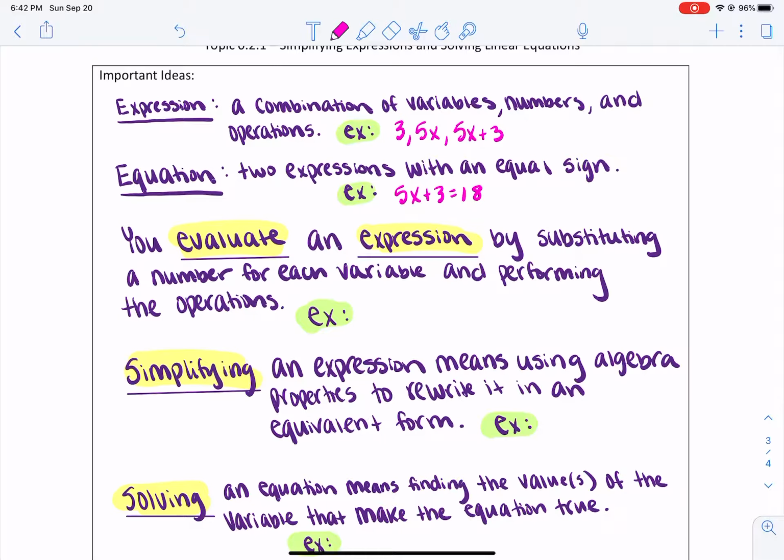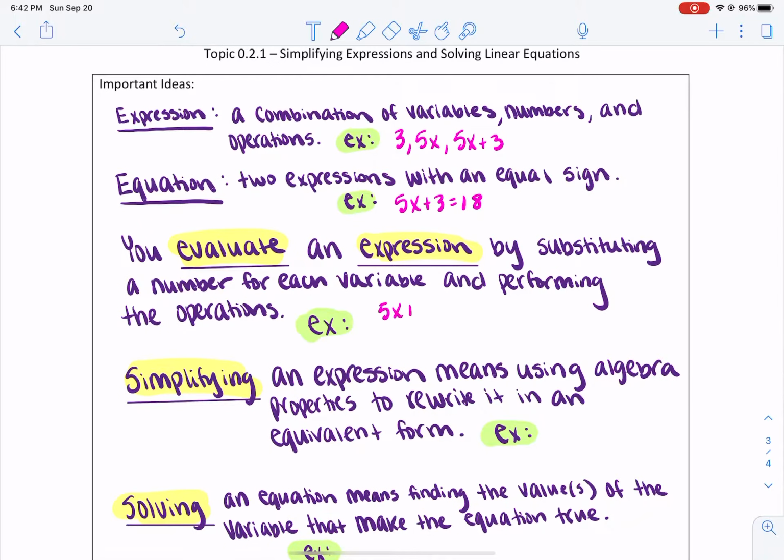Some other words we just talked about. You evaluate an expression by substituting a number for each variable and performing the operations. An example of that would be, let's say we had 5x plus 3 when x equals 2. So I'll plug in the 2. 5 times 2 is 10 plus 3 is 13.